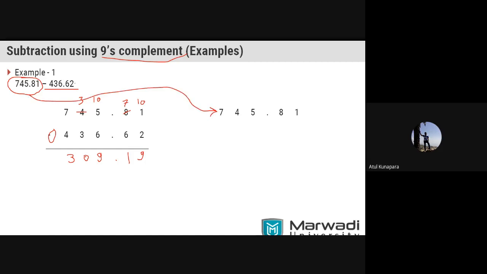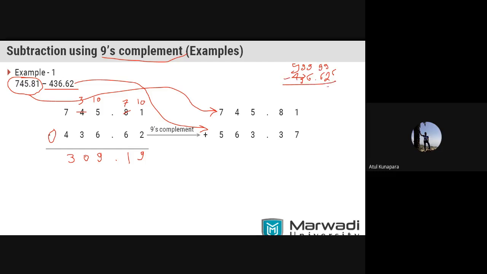Then you convert your given subtrahend, 436.62, into its 9's complement form by subtracting all the digits from 9.